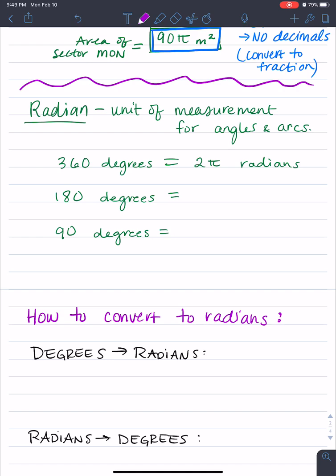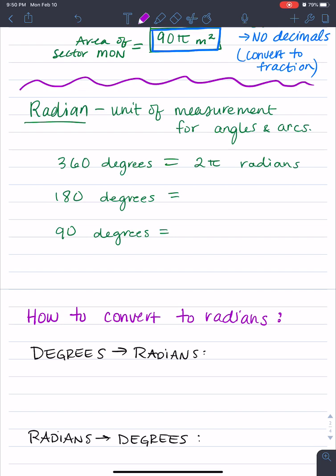So just like we have units of measurement for length, like feet, or inches, or meters, or centimeters, and so on, there are different units of measurement for angles. What? That's crazy. I know. But there are. All we've ever learned about is degrees. So we're adding in a new one here, which is radians.